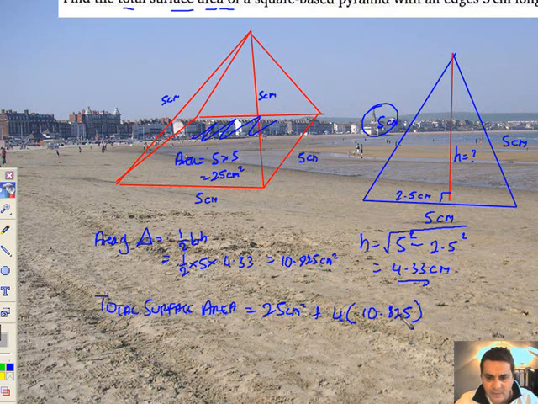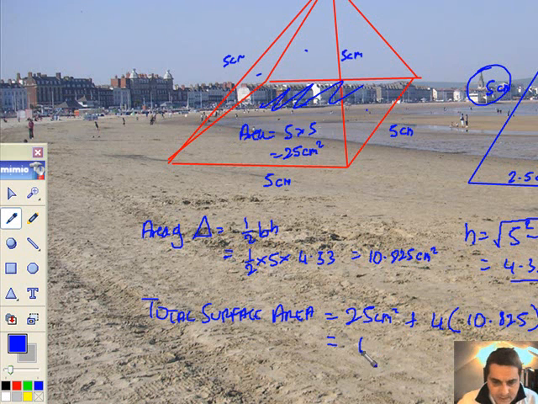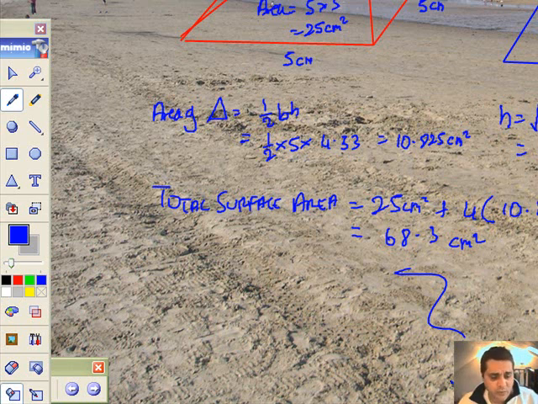And I've got 4 of them going all the way around here, 1, 2, 3, 4, and I've got the square base. So adding up all these bits and pieces, 4 of those and 1 of those bases, I've got 68.3 centimetres squared. I'm going to stop there. Very straightforward grade A starter questions, so I'll leave it like that.